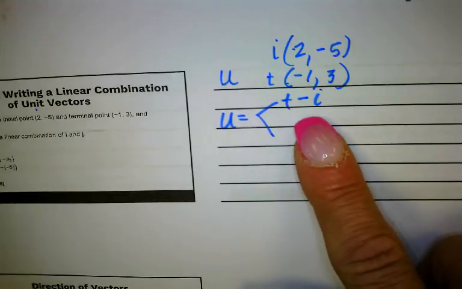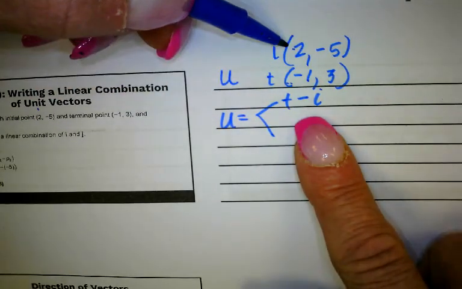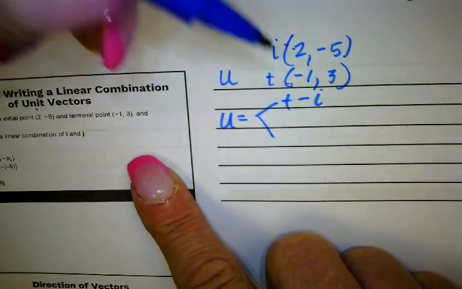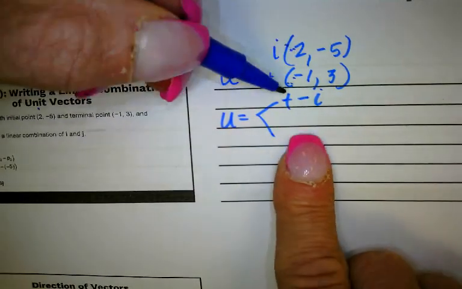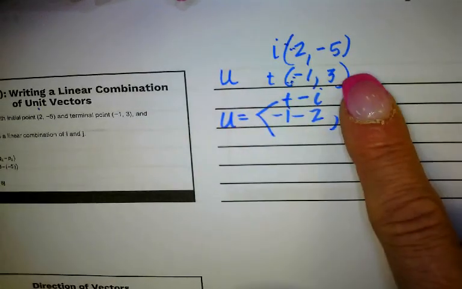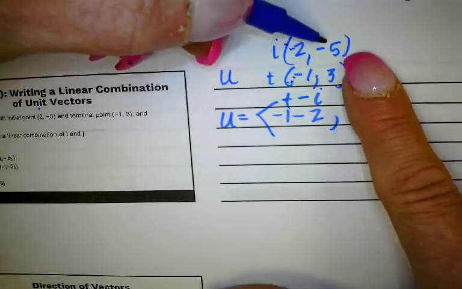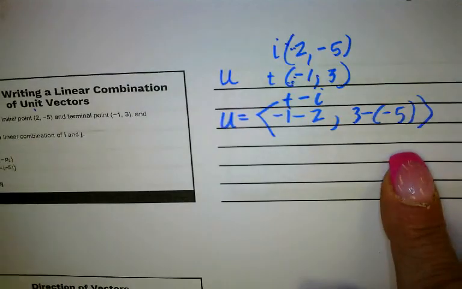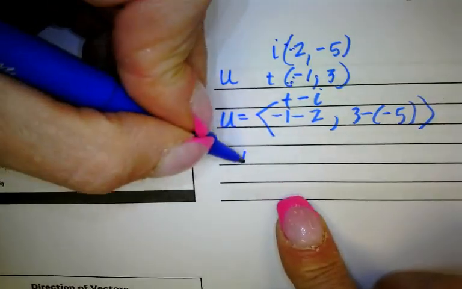So negative 1 minus 2, comma, the ending y minus the beginning y, 3 minus negative 5. So vector u is (-3, 8). You cannot just subtract in any order. It's always end minus beginning.